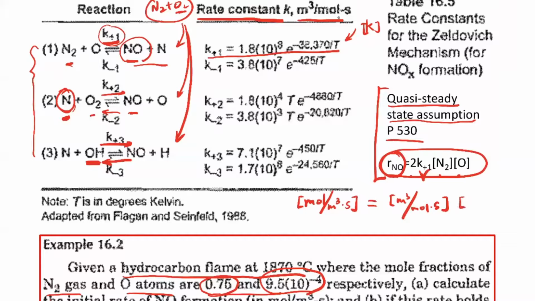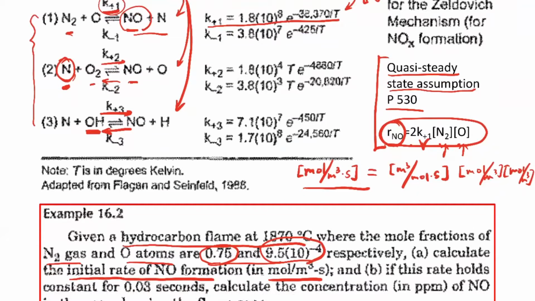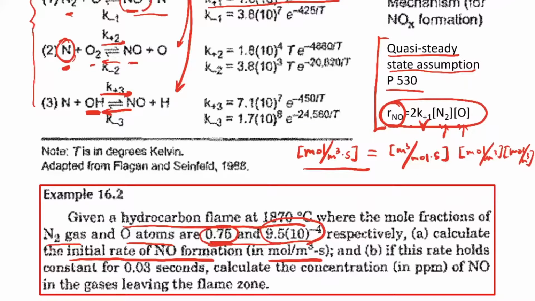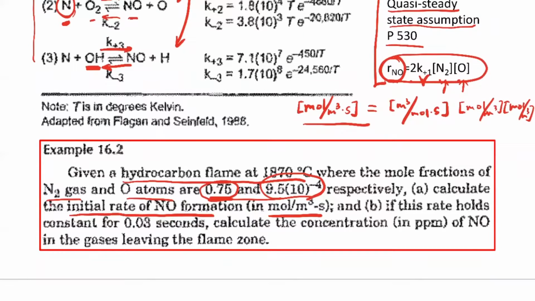Okay, so what this means is that we need to plug in the concentration in mole per meter cube. Okay, so only in this way can we make the units conserved on both sides, right? So that's why we cannot directly put in the mole fractions or the partial pressure or partial volume into this reaction. We have to convert this mole fraction into moles per meter cube.